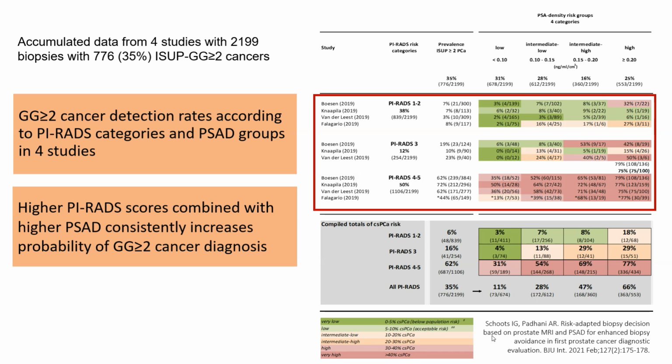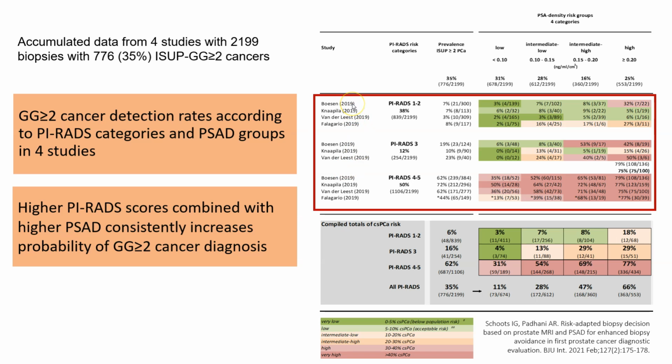Well, this was evaluated in this paper, where 4 studies in the literature were taken, where you can see the PSA density is given over here, and the PI-RADS scores are given here, with each study shown as a row.